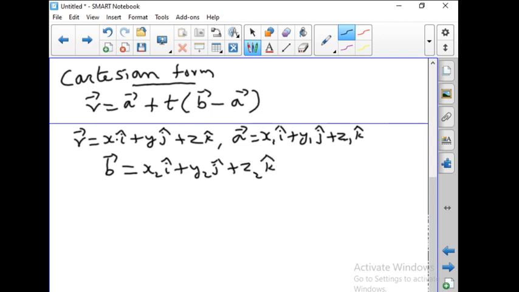Here a vector and b vector are the position vectors of the 2 points. Therefore, we take it as x1, y1, z1 and x2, y2, z2.